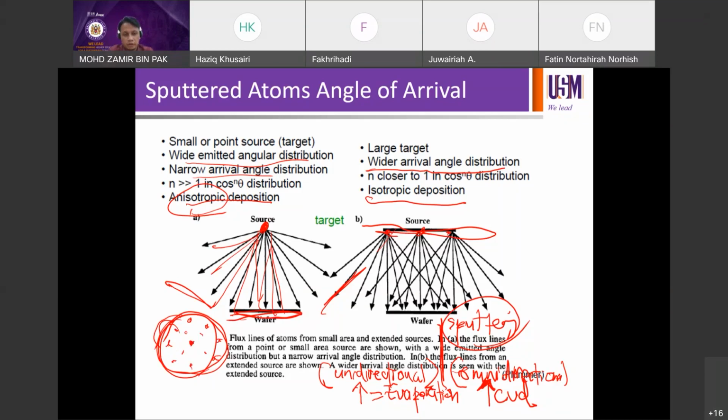Not only that, if you have multiple wafers in the same batch, how about the center of wafer 1 in comparison to the center of wafer 2? Or the edge of wafer 1 in comparison to the edge of wafer 2 or wafer 3? So it can be across one wafer, across 2 different wafers, across 25 wafers, or batch to batch. That's how characterization comes in.